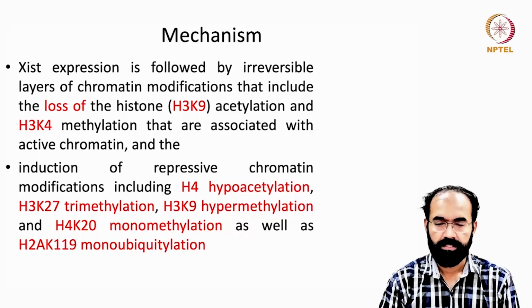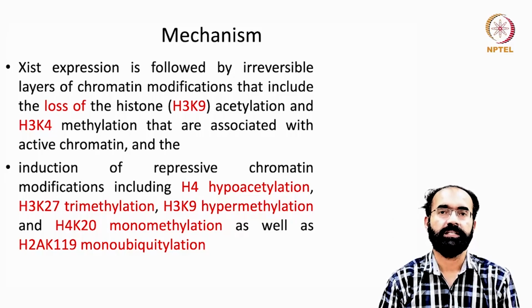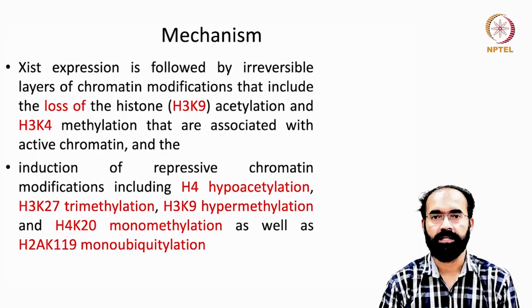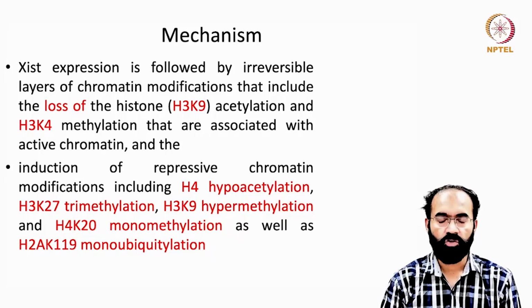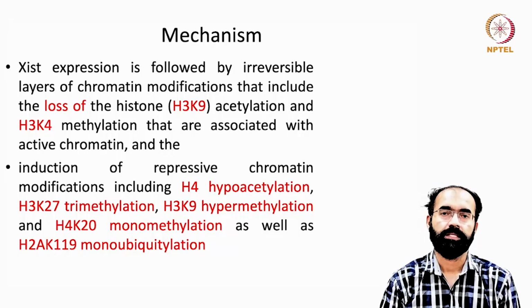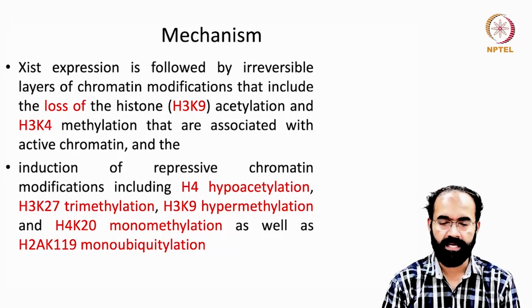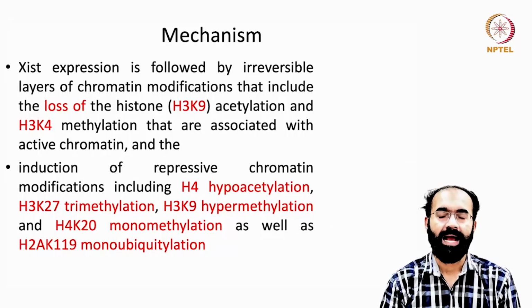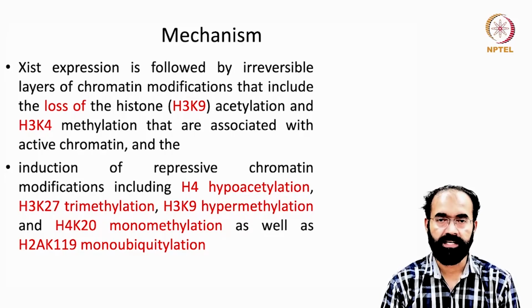So we were exploring the different mechanisms by which the X chromosome gets inactivated to maintain dosage compensation. In a nutshell, we know that XIST, the X inactivation specific transcript, a non-coding RNA, accelerates chromatin or DNA compaction.